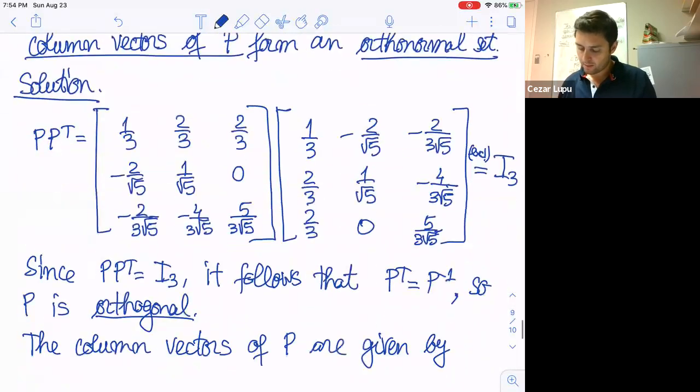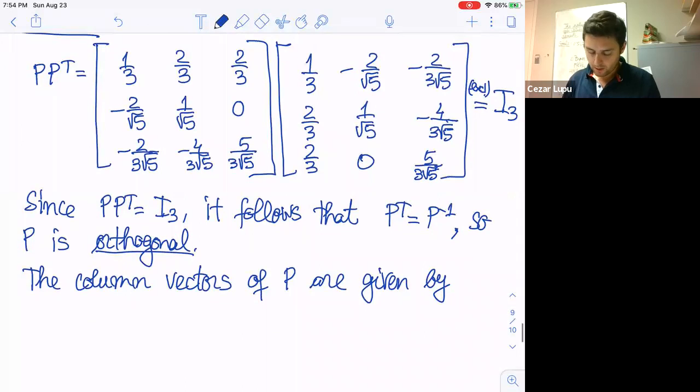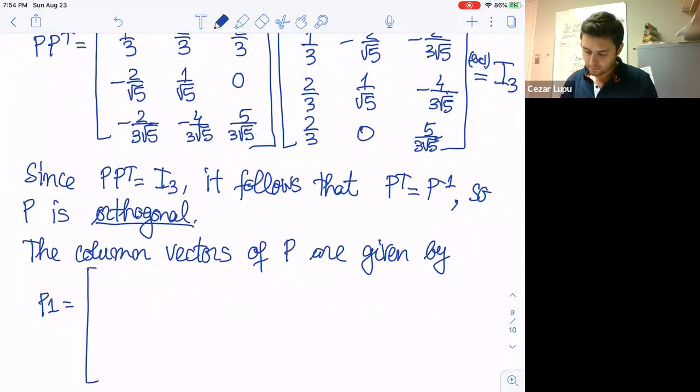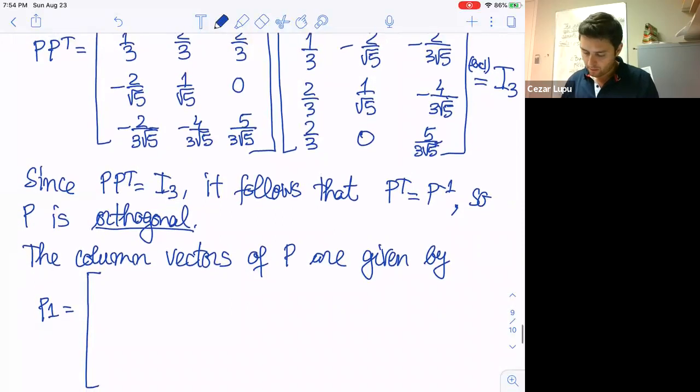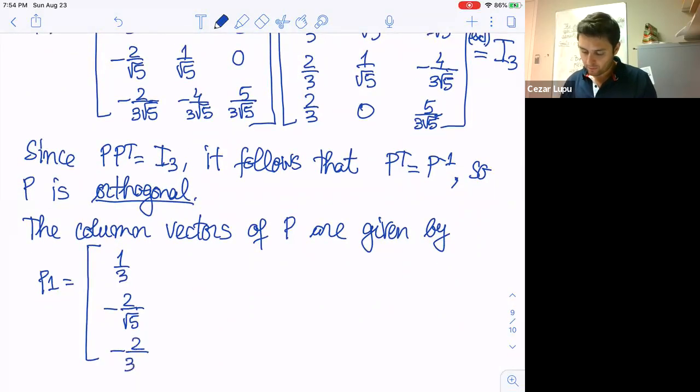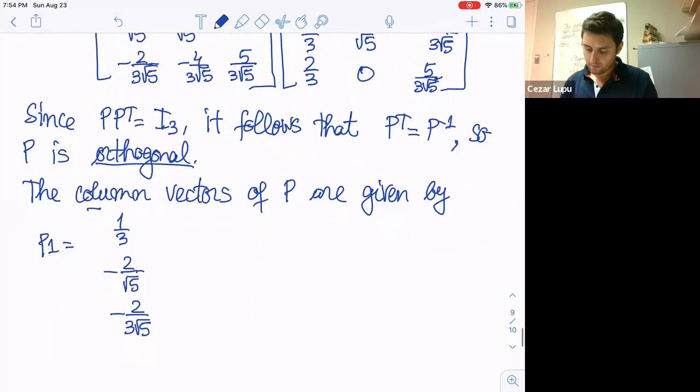Let's write them. The first one, P1, is 1/3, -2/√5, -2/3√5. Okay, that's my first vector.